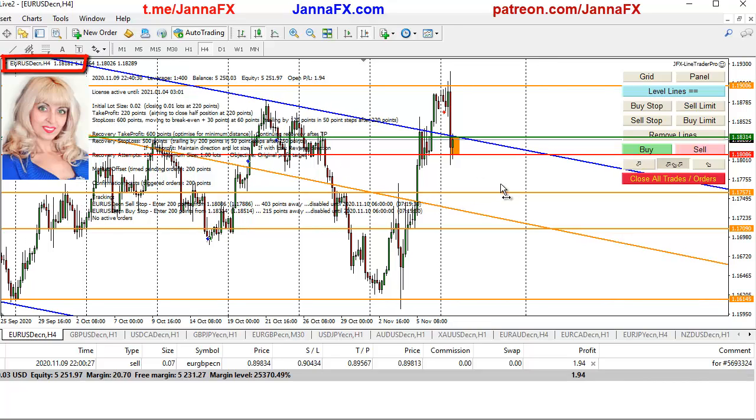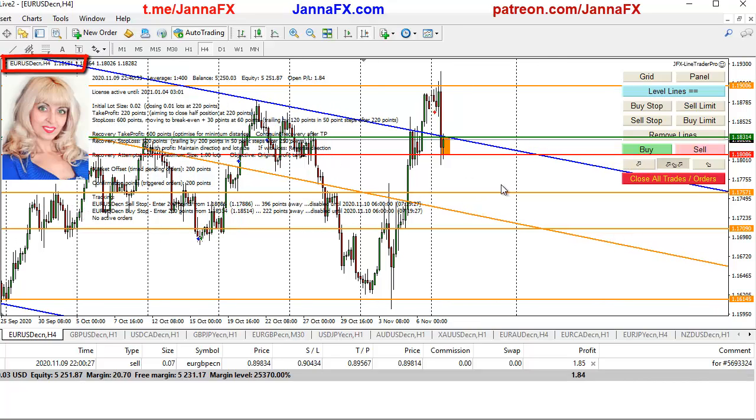So guys, the news I was telling you to watch out for, there is some about those tariffs for US Boeing, and today they were saying that it's going to be proceeding tomorrow.